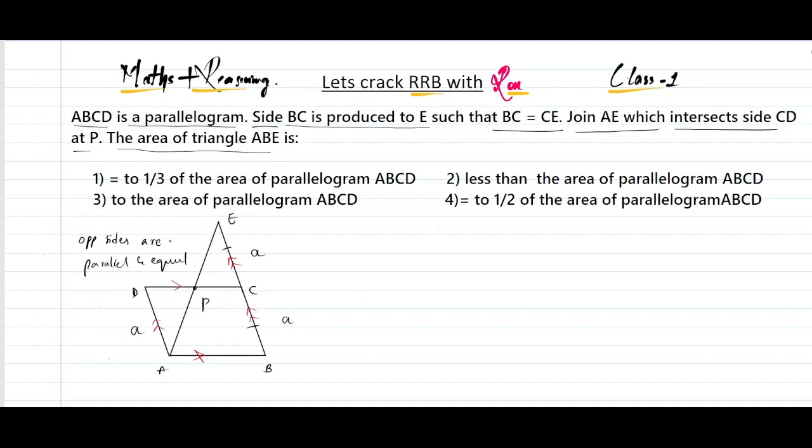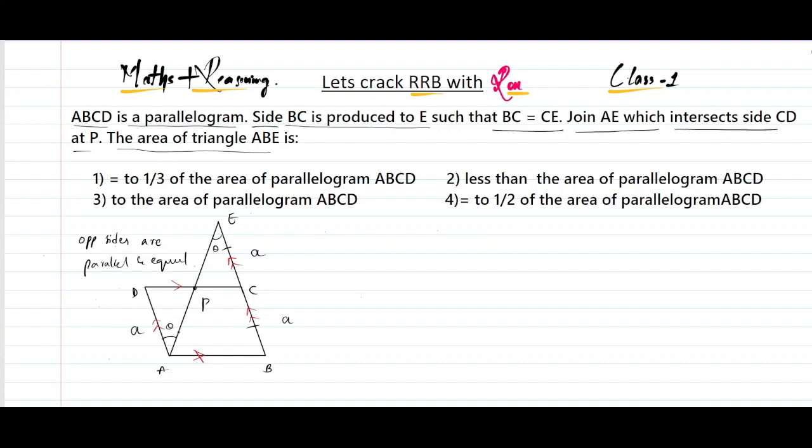See the next concept. These two are parallel lines, right? Observe these triangles ECP and DAP. If these two are parallel lines and this is a transversal, corresponding angles are equal, right? So if this is theta, this is also theta.